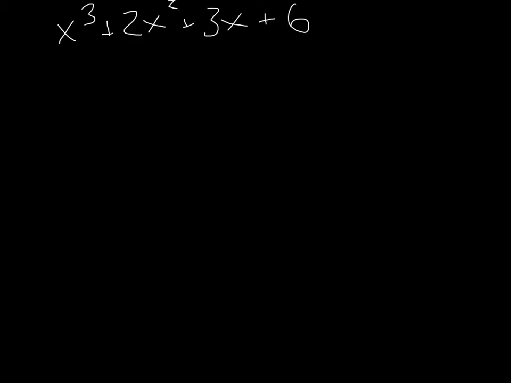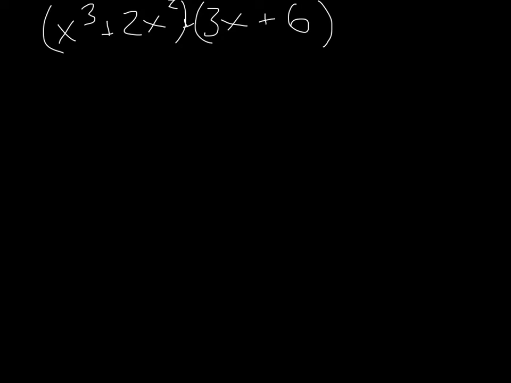Let's run through one more problem for practice. So our polynomial here is x cubed plus 2x squared plus 3x plus 6. We want to factor this by grouping. So we're going to group our first two terms together and group our second two terms together. Now when we look at these individually, x cubed plus 2x squared, what do both of those terms have in common?